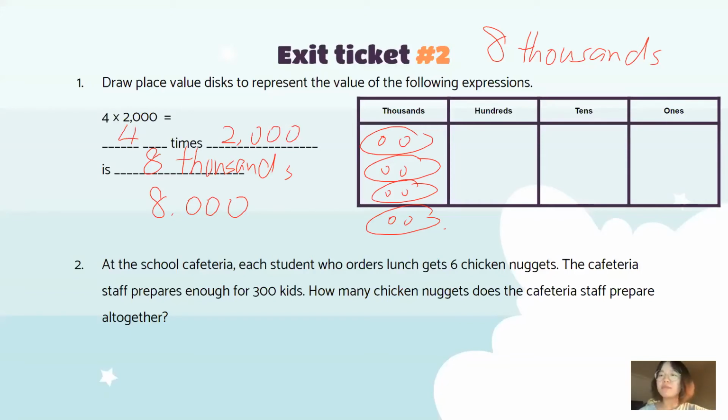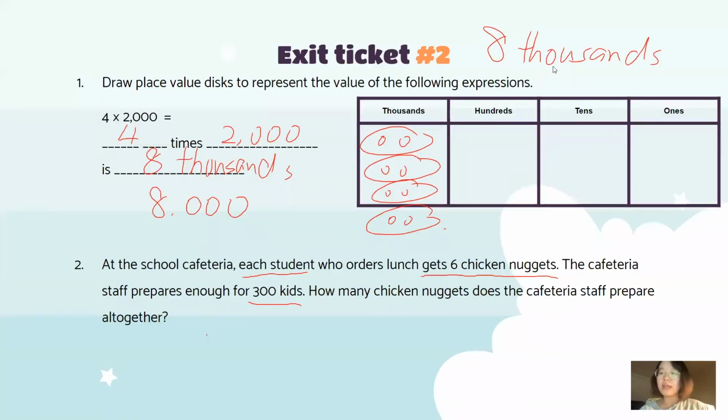At the school cafeteria, each student who orders lunch gets 6 chicken nuggets. The cafeteria staff prepare enough for 300 kids. How many chicken nuggets does the cafeteria staff prepare altogether? So we already know that we have 300 kids, and each student gets 6 chicken nuggets.